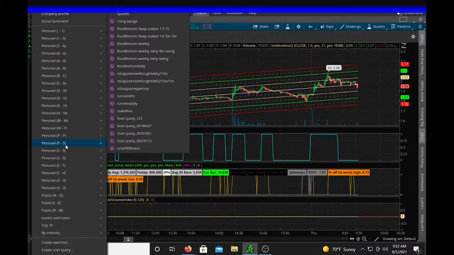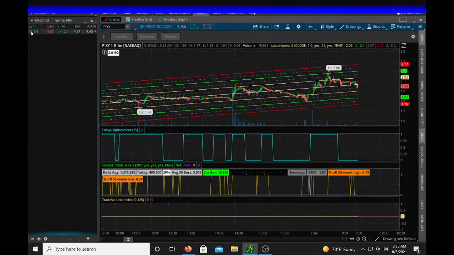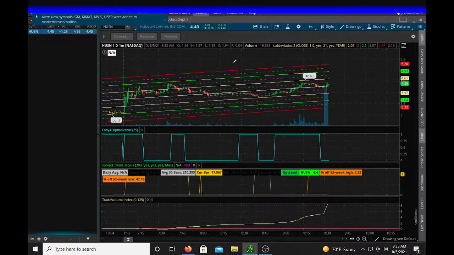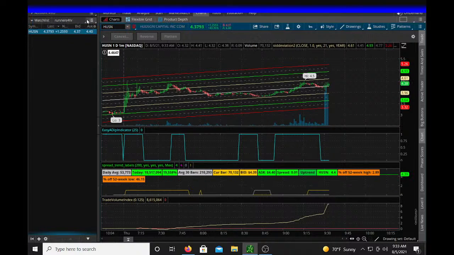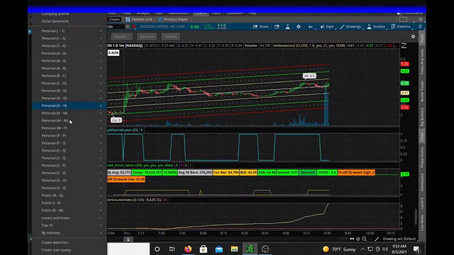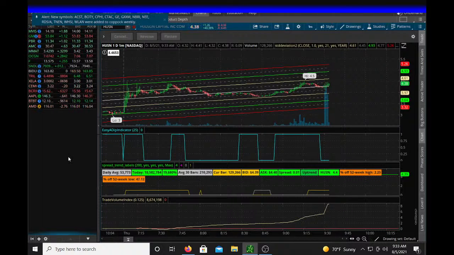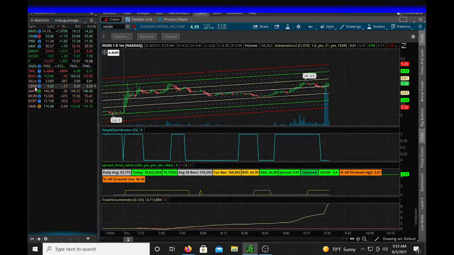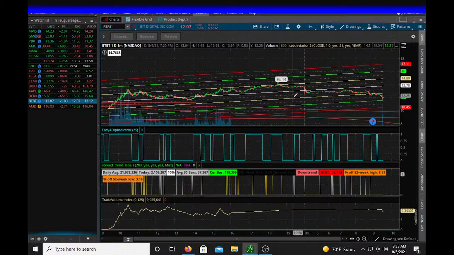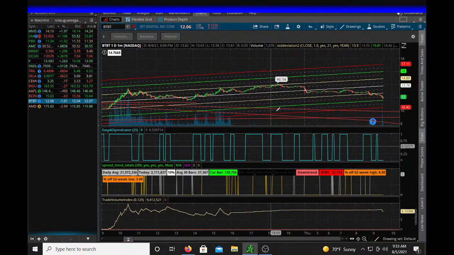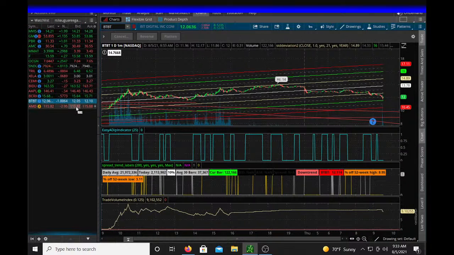Now we can look at our runners on the 4-hour, which is HUSN. Let's check out our RSI gamma squeeze. So we see the things that are gamma squeezing right now. And these gamma squeezes are based on the RSI. Okay. So these give us those gammas.